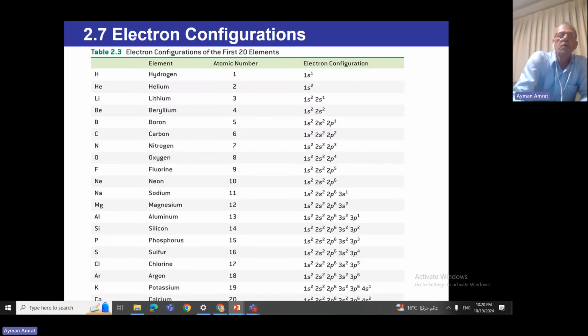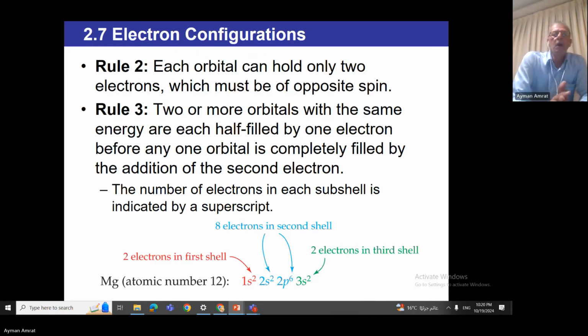So rule 3: when two or more orbitals have the same energy, each of them is filled by one electron before any one orbital is completely filled by the addition of a second electron. The number of electrons in each subshell is indicated by a subscript.